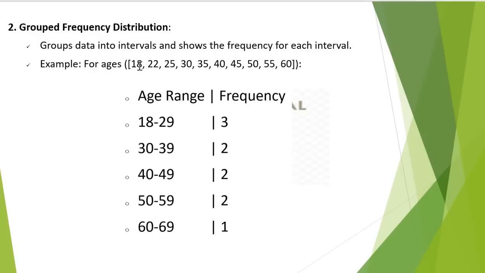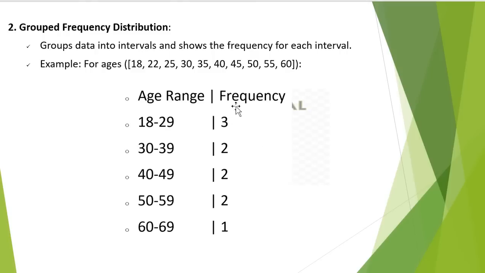Then from 30 to 39 you have 2 persons, 30 and 35. Then from 40 to 49 you have 2 persons, 40 and 45. Then from 50 to 59 you have 2 persons, 50 and 55. And then from 60 onward you have 1 person.